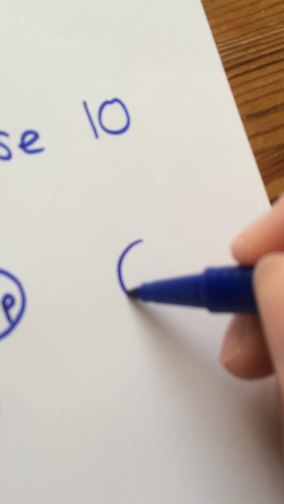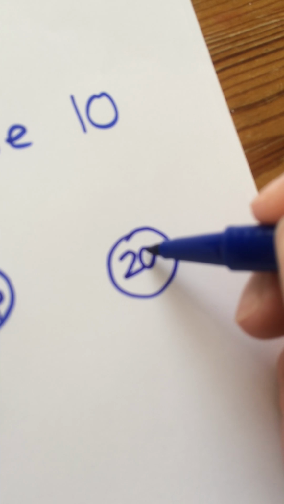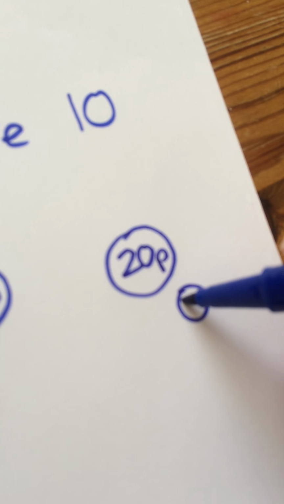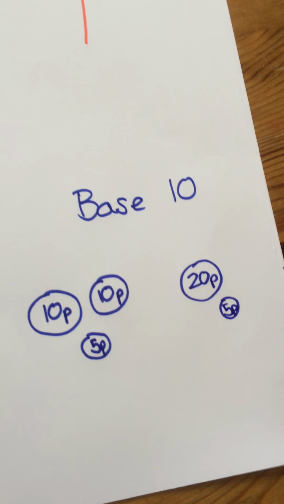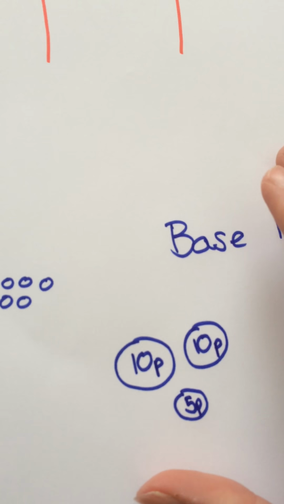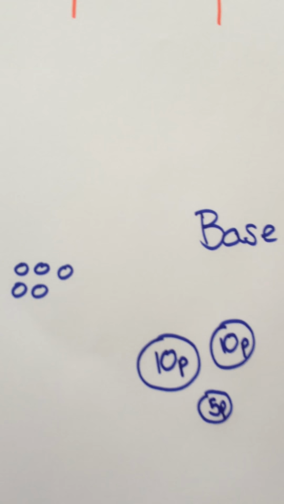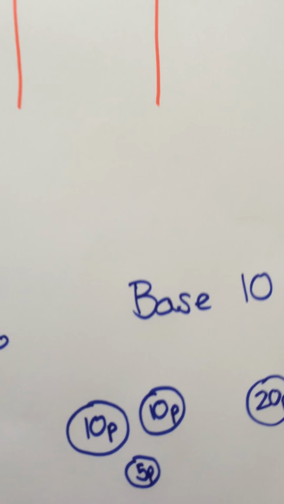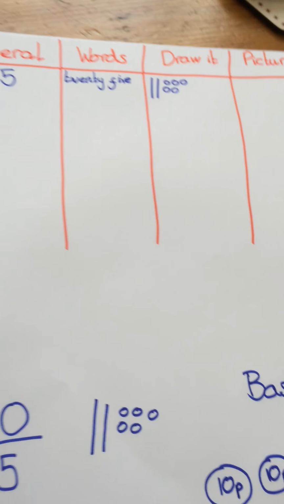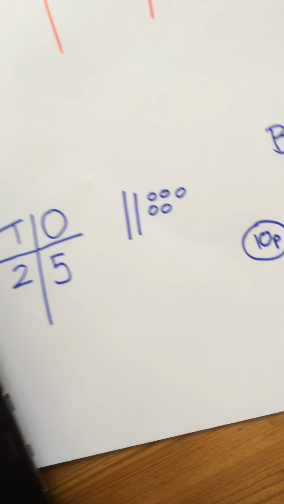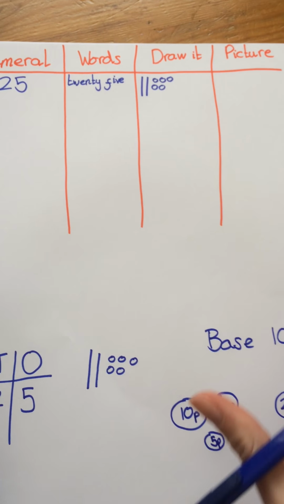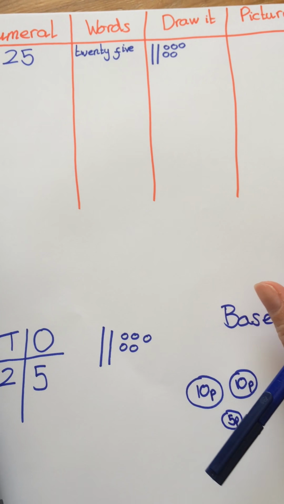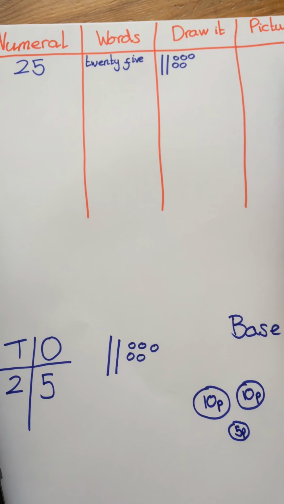We could break it into a 20p and a 5p. So you could have a go at trying to draw it in money. You could have a go at trying to draw it on your hands. So you could draw 25 fingers, but that would be quite a lot. So with smaller numbers you could do that. So there's a few different ways that you could do this.